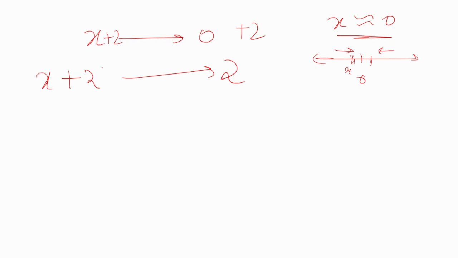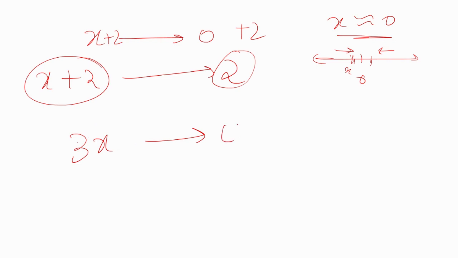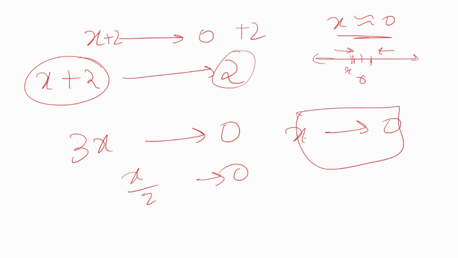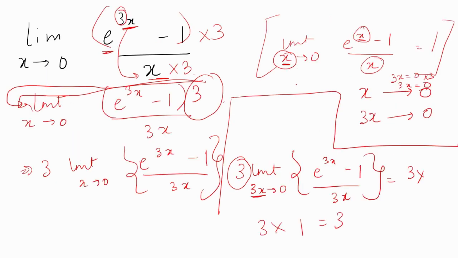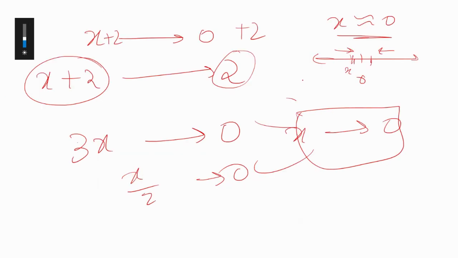So the same thing is happening. If I'm adding 2, I have to write 2 over here. So basically 3x is also approaching 0. x by 2 is also approaching 0, because x is approaching 0. That's the thing. Okay. So I can do all of these things. And this is important to do because in the formula, this variable has to match with this, and all of those things. So you need to remember that.